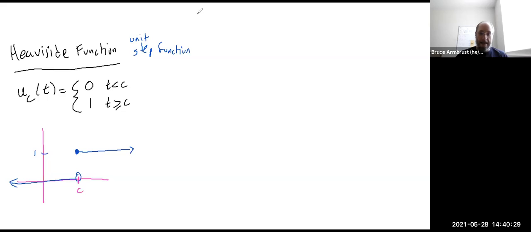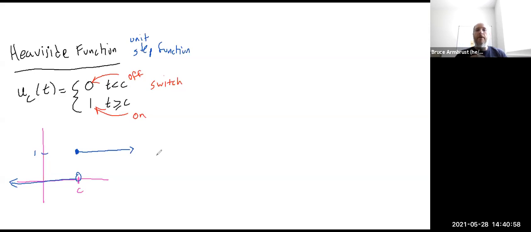What I like to think of this as is a switch. It starts off and then turns on. The Heaviside function just says, turn this thing on at c equals whatever.